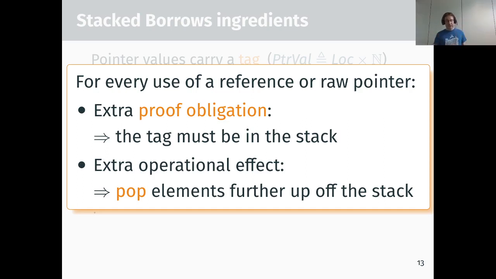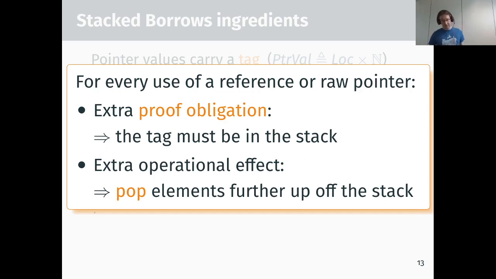If you're ever doing memory access and the tag isn't in the stack, then that's a violation of this requirement. That's undefined behavior. And the key bit about the bookkeeping is that every time we do such an access, after we found the tag in the stack, we pop away everything that's above. This reflects the idea that when you're using a pointer or reference, everything that previously got reborrowed from it has now expired.